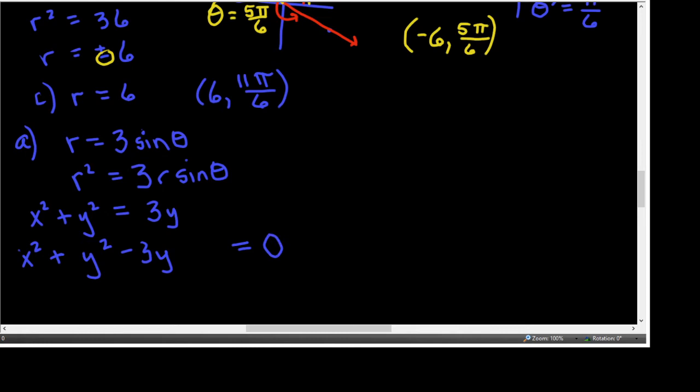Then I'm going to complete the square on y. So half of -3 is -3 halves, squared is 9/4. So I'm going to add 9/4 to both sides. And then do the factoring. That becomes x squared plus the quantity y minus 3 halves squared equals 9/4.